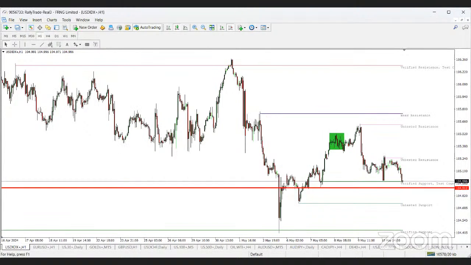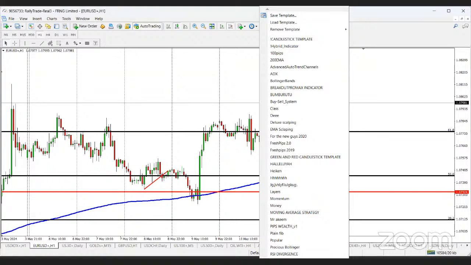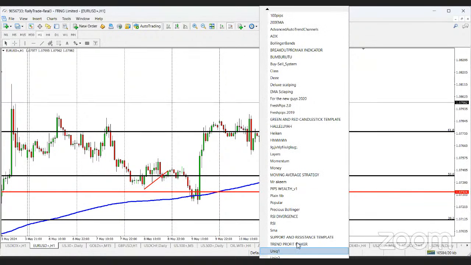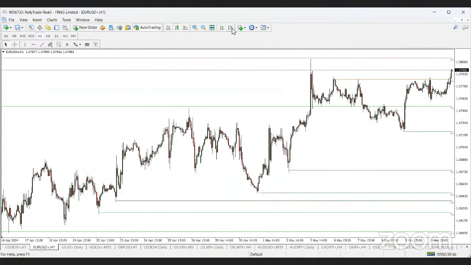So considering how well the dollar is selling right now, you would not be surprised to learn that Euro USD has been trading upwards. Euro USD has been trading bullish, at least for the better part of today. And apart from that, Euro USD seems to have broken structure. What do I mean?